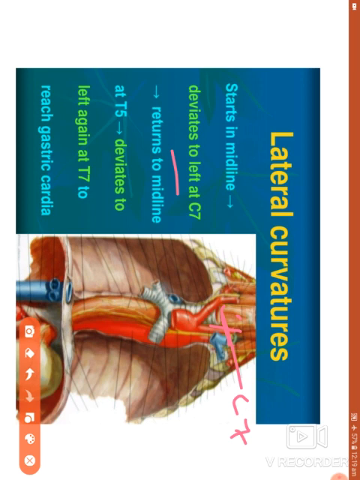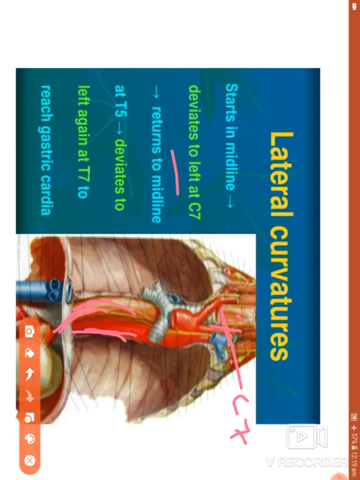Then it forms the first lateral curvature. Two lateral curvatures are there. The second one is where it deviates to the left again, relating to the descending thoracic aorta, to pierce the diaphragm. That is the second lateral curvature.